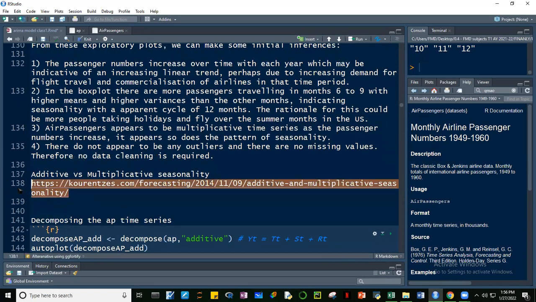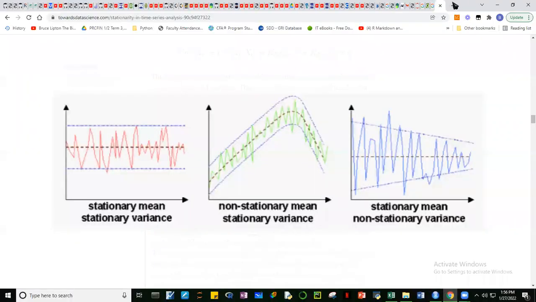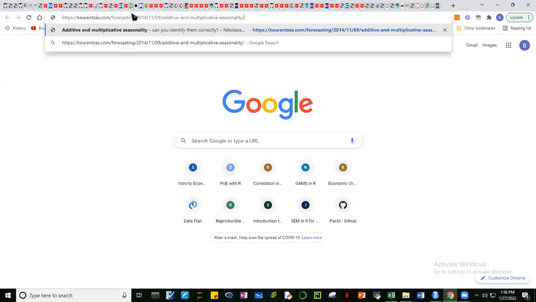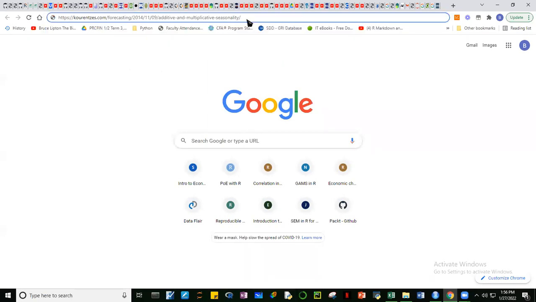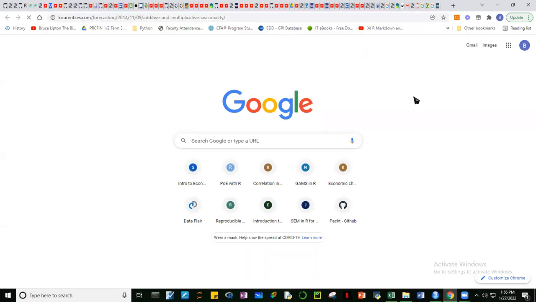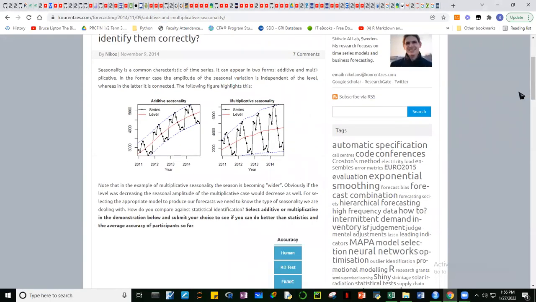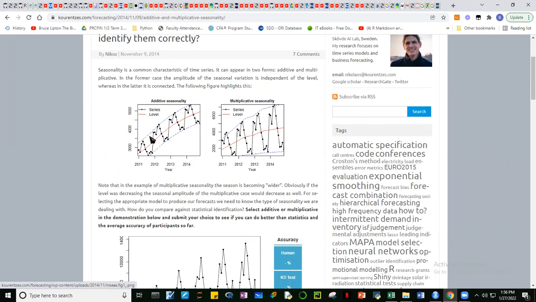Let's get this diagram. It is very easy to differentiate between additive seasonality and multiplicative seasonality. I'm using this reference from the internet so you can see. What is the difference between additive and multiplicative seasonality?